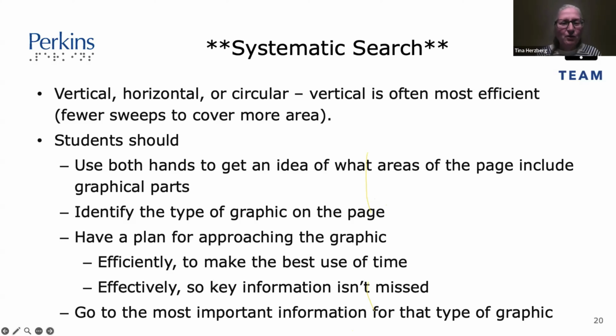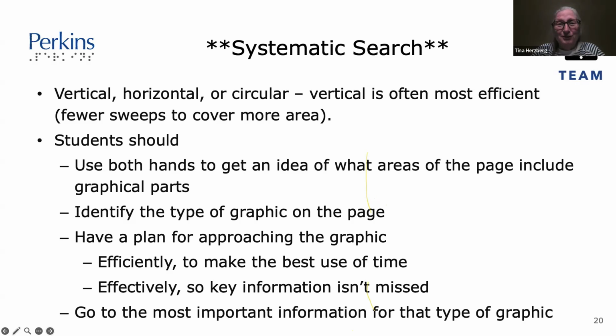And then sometimes it's like, okay, we figured out what kind of graphic this is. Talk me through how you're going to use your time. Let's say you're in class and your teacher's going to give everybody just 30 seconds. What are you going to do to efficiently make good use of that time? How can you get the most information in that short period of time? And then go to the key information for that type of graphic.